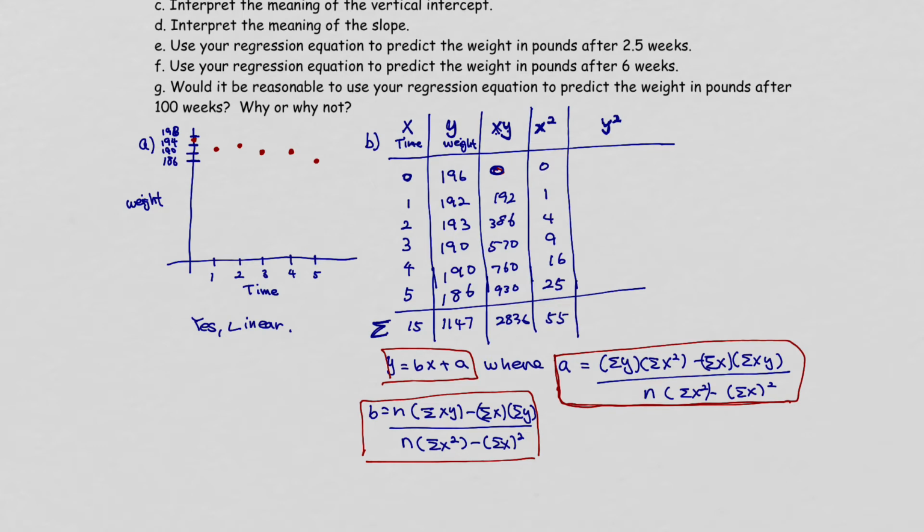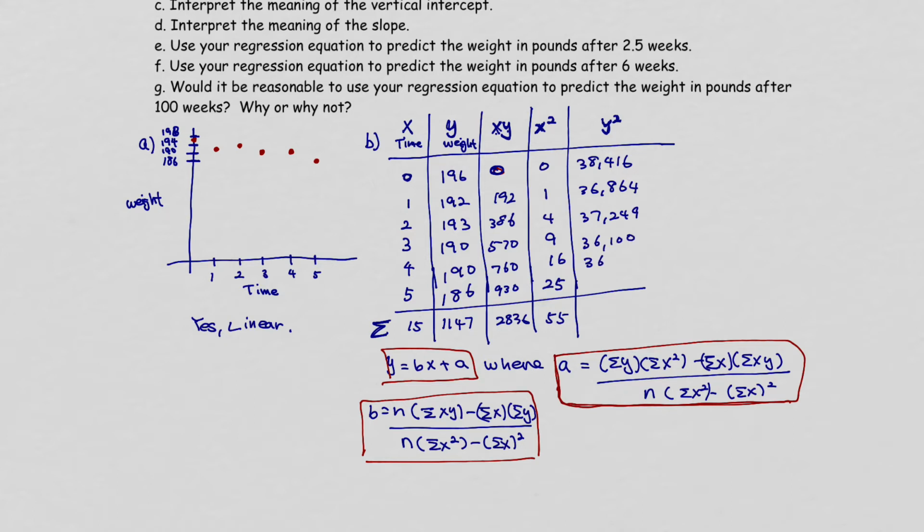Y squared. 196 squared, you get 38,416. 192 squared, 36,864. 193 squared will be 37,249. 190 squared is 36,100.